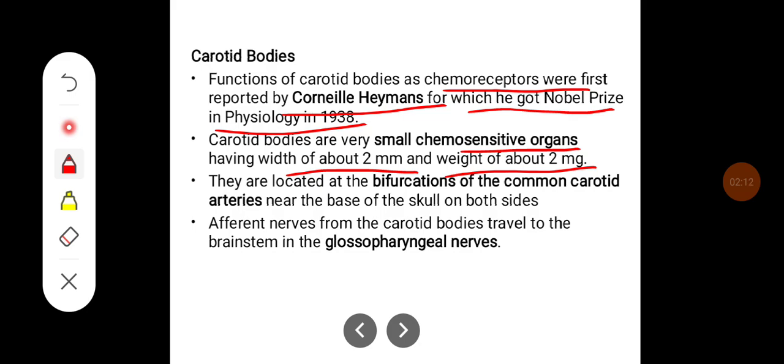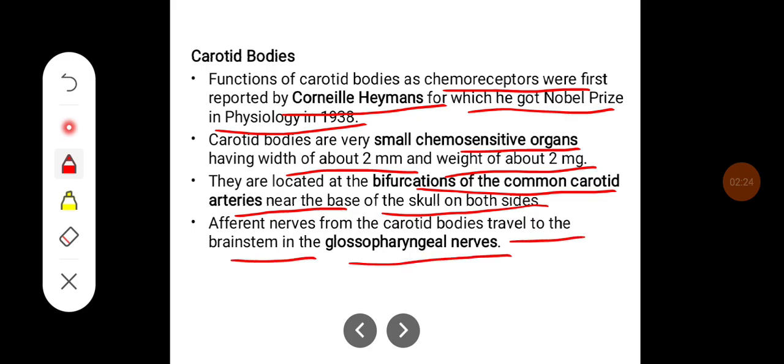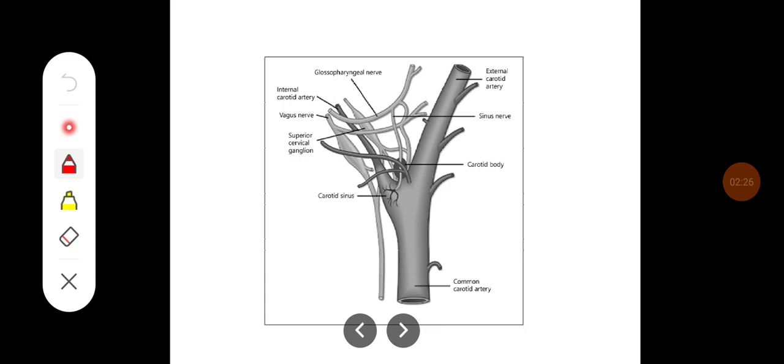They are located in the bifurcations of common carotid arteries near the base of the skull on both sides. Afferent nerves from the carotid bodies travel to the brainstem in the glossopharyngeal nerves. So here is the location of the carotid bodies which contain chemoreceptors, and here is the location of carotid sinus where you have baroreceptors.